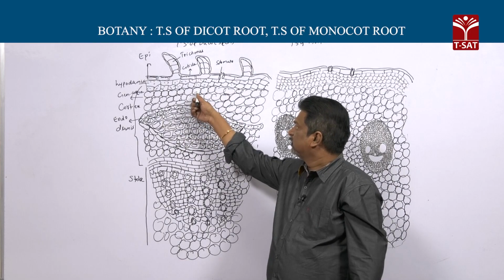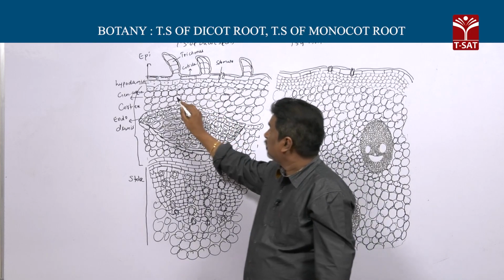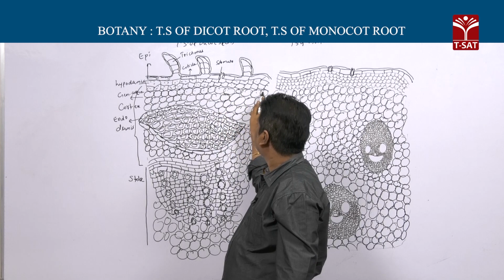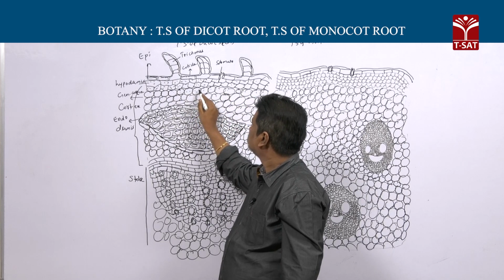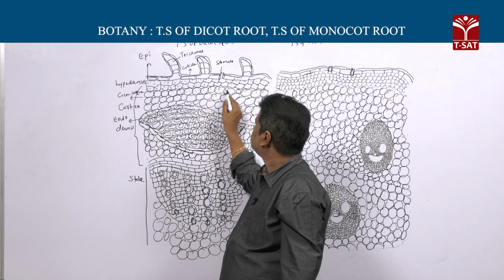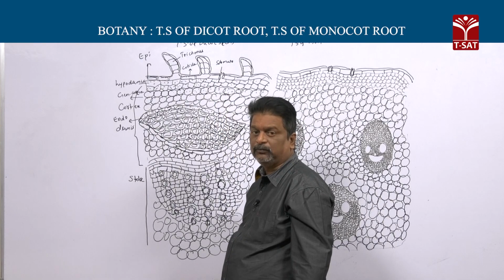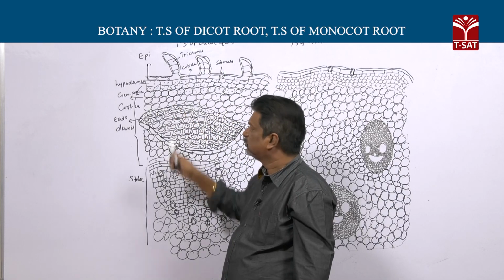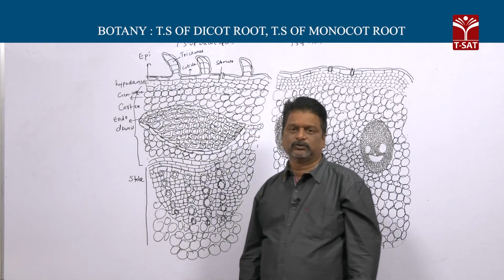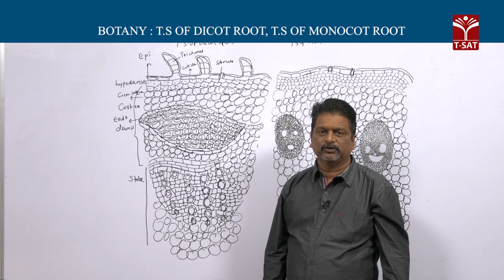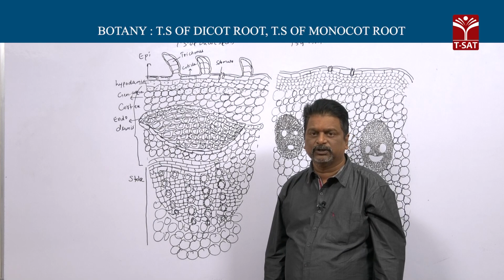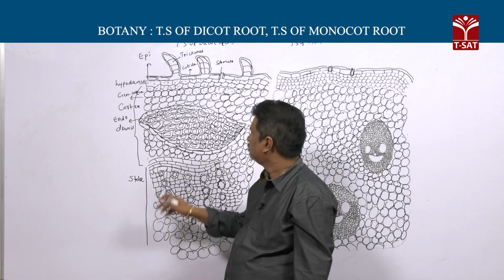And outer cortical cells contain chloroplast, so help in assimilation. And inner cortical cells contain leucoplast, so they help in storage. That is about cortex, general cortex.